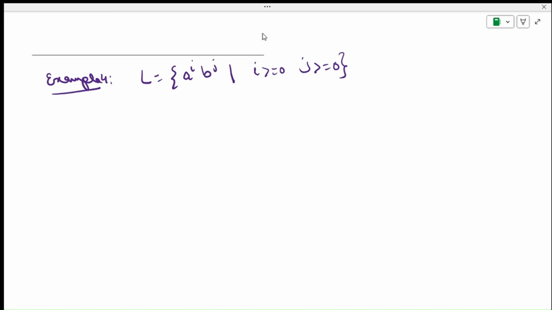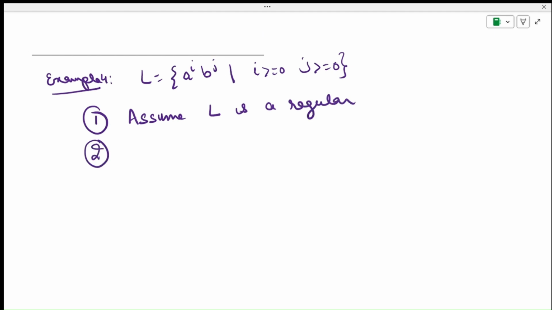Now see this example where language L is equal to a raised to the power i, b raised to the power j for some integer i greater than or equal to 0 and j greater than or equal to 0. So first thing what you need to do, we need to assume that L is a regular language. Now second thing, take some string x that belongs to L. The pattern the string has in L, take that pattern in x.